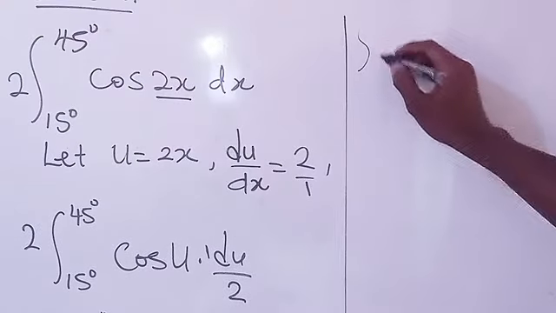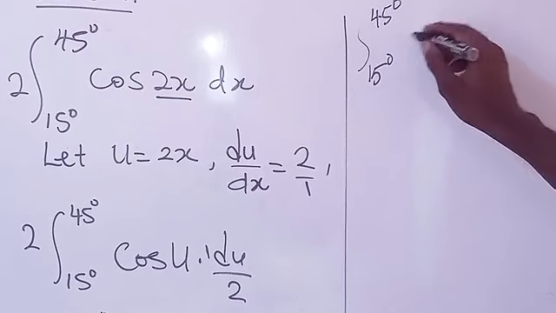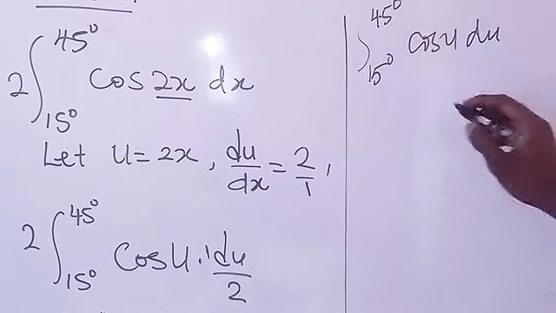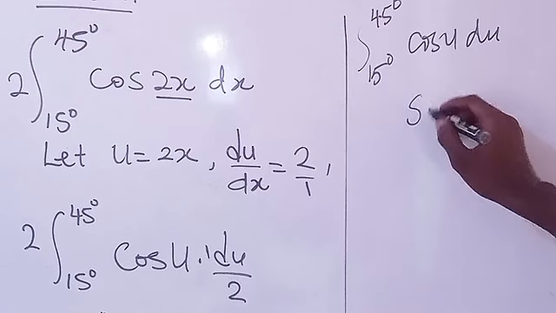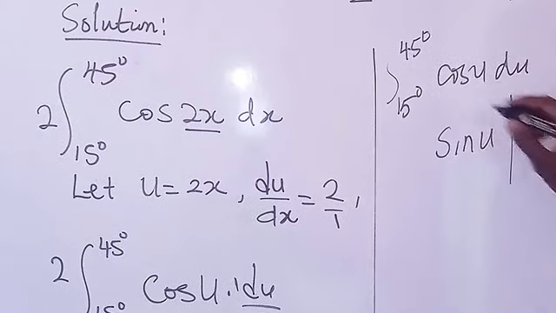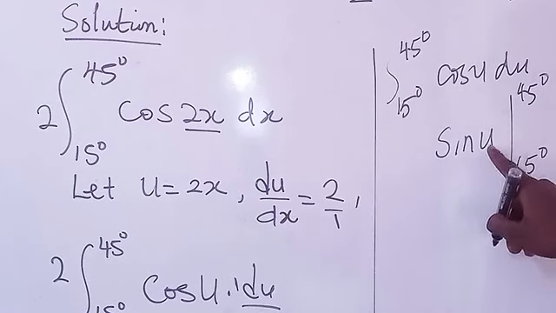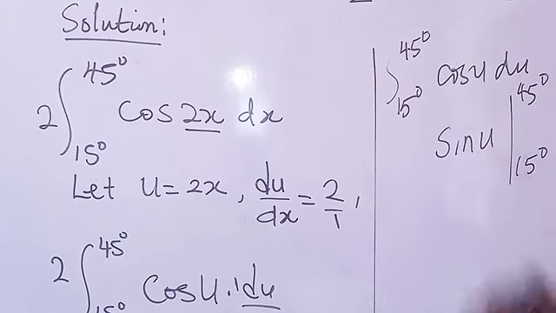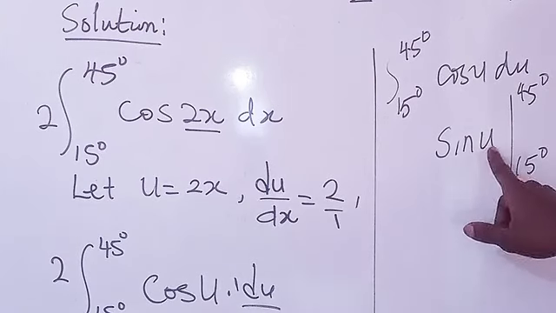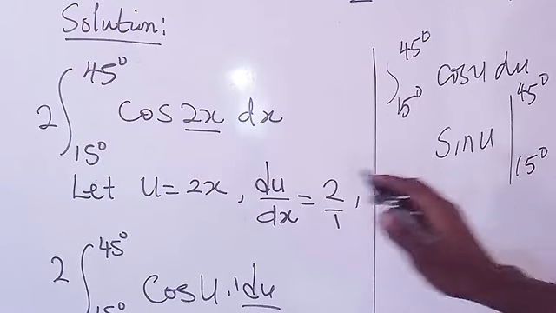So the integral from 15 to 45 degrees of cos u du. Now, the integral of cos u is what? It is sine u. Understood? So we're going to put in the limits 15 degrees, then 45 degrees. Anywhere you see u, we replace it, recovering sine u, which is 2x.